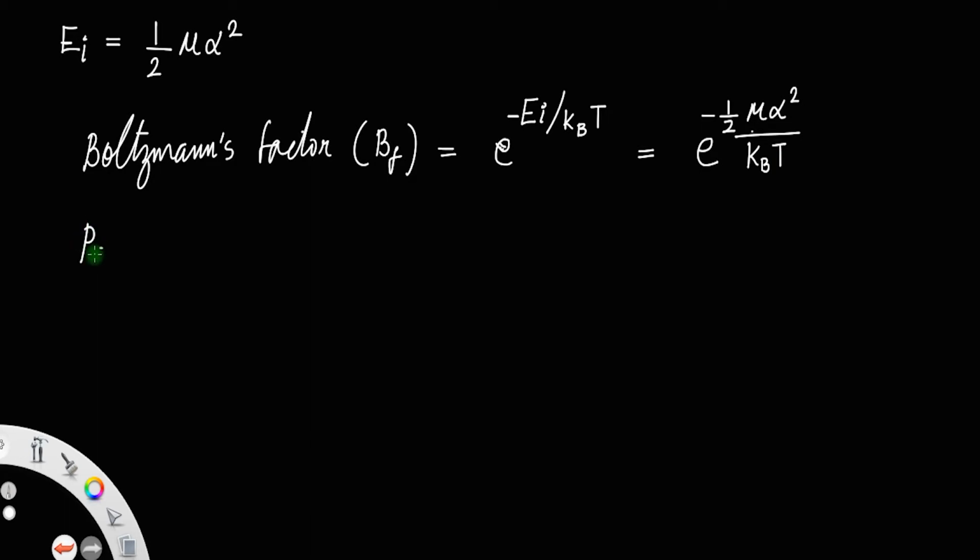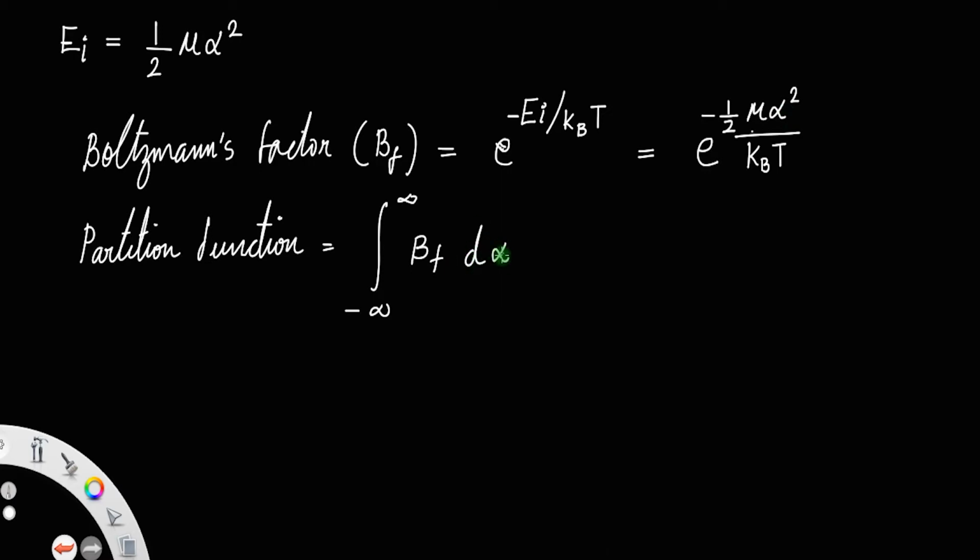Then the partition function. The partition function is nothing but the continuous sum, that is, minus infinity to infinity, of the Boltzmann factor. Clear? The variable here is alpha, so you have to put d alpha. So this is the partition function. Let's represent that as P. So it's the sum of the Boltzmann factor taken from minus infinity to infinity; the integral from minus infinity to infinity represents the sum.